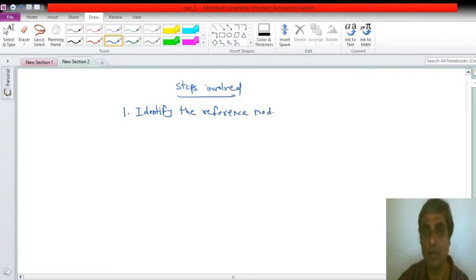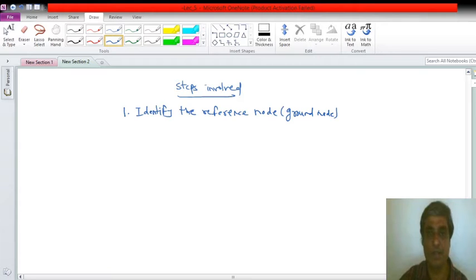Already we have covered what a node is, right? Where different elements share a common point. I can call it a reference node or ground node also. With respect to this node, generally all the voltages are measured.